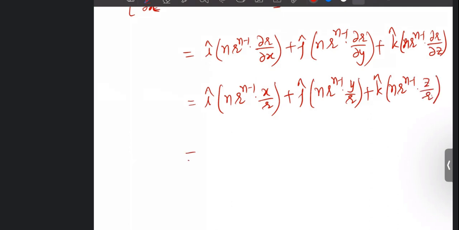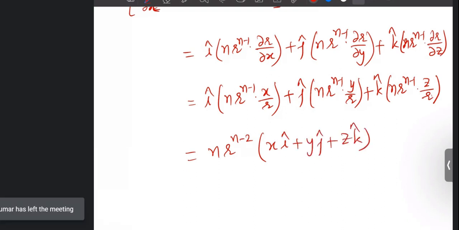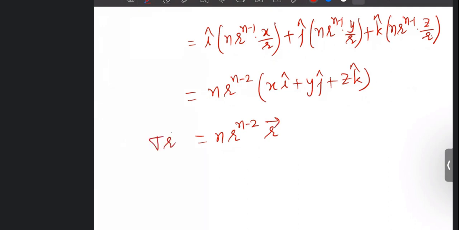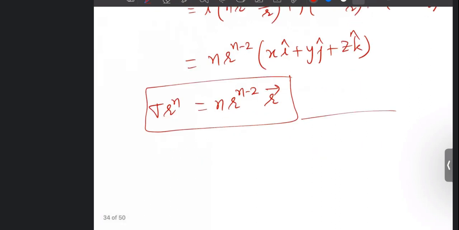Just simplify: you will get n r to the power n minus 2 as common, and the remaining will be xi plus yj plus zk, which is equal to the vector r. Hence our result: the gradient of r to the power n is n r to the power n minus 2 into vector r. This is the result of the third part.